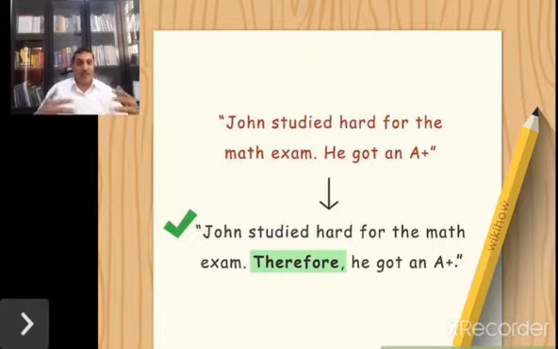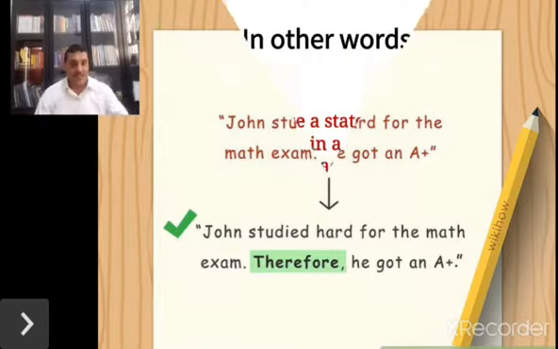When we join them: John studied hard for the math exam, therefore he got an A+. The result of his hard work was an A+. Okay, simply, they are interchangeable with thus and hence, and we just need to understand their structures. Okay, let's see what is next.